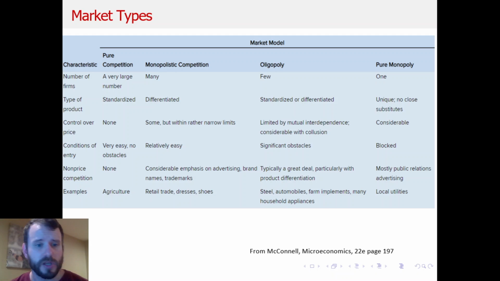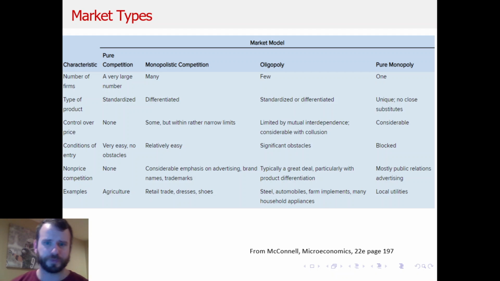It doesn't matter. Oligopoly is probably going to be less than 10. Usually around 4 is a number that we deal with a lot for some reason, like the big 4 record companies. It's usually between 2 and 5, I would say, is pretty standard for oligopoly. Above 5, you're moving into different territory.